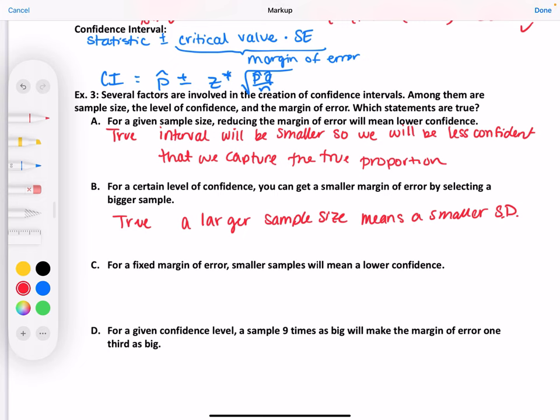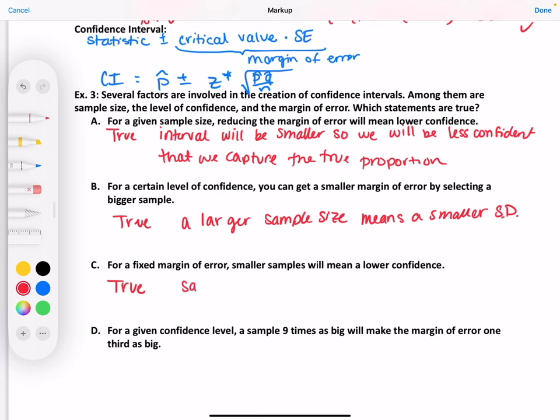For a fixed margin of error, smaller samples will mean a lower confidence. This one is false. True. You say false, so it's false.